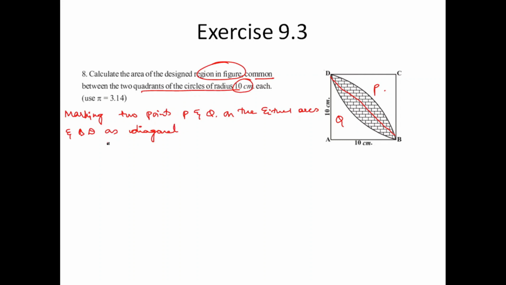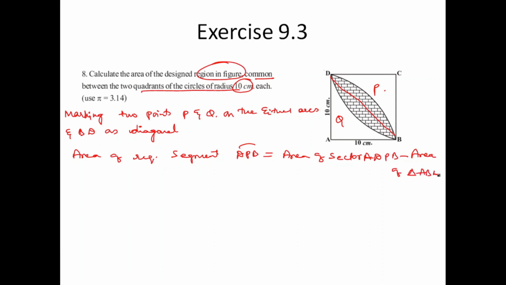Now the area of the required segment. Let me write here: area of required segment. Area of the required segment, that is D and B, the required arc, is equivalent to the area of the sector ADCB minus the area of triangle ABD.